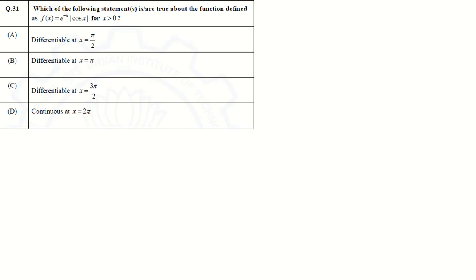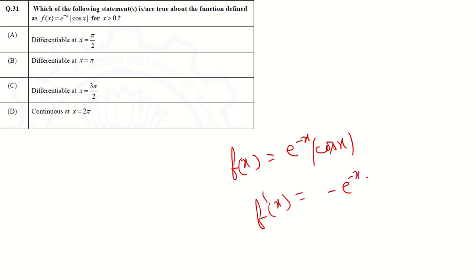Next question is, which of the following statements is or are true about a function defined as f(x) equal to -x cos x for x greater than 0. So f(x) is -x cos x, right? f dash x is -x cos x plus sin x, we differentiate this, right?